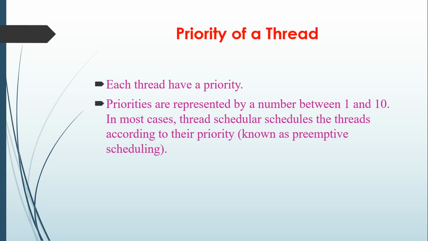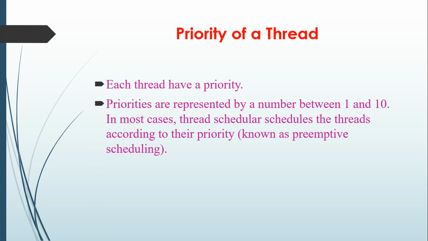In most cases, the thread scheduler schedules the thread according to its priority, and this is known as preemptive scheduling. Priorities are represented by a number between 1 and 10.